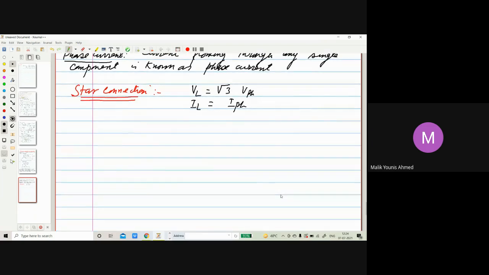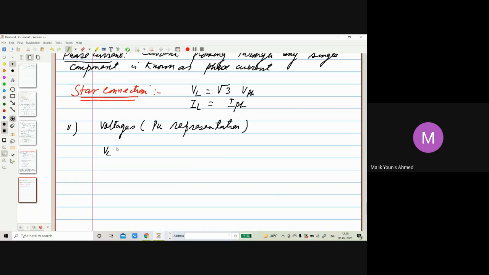Okay. So now, second, this is absolute representation. Now in per unit, voltages in per unit representation in case of star connection.